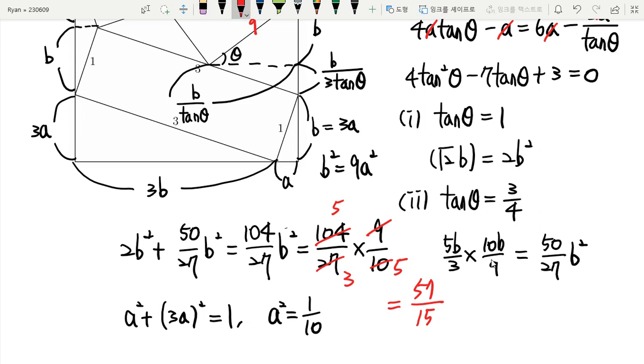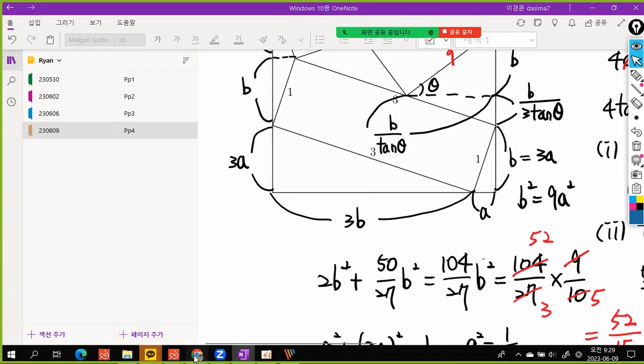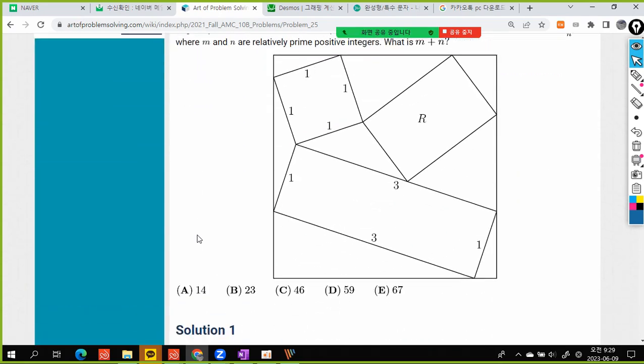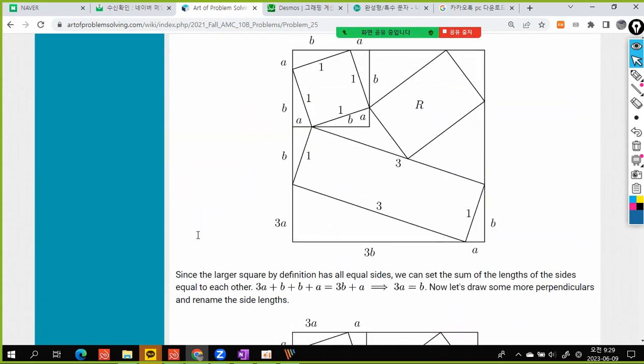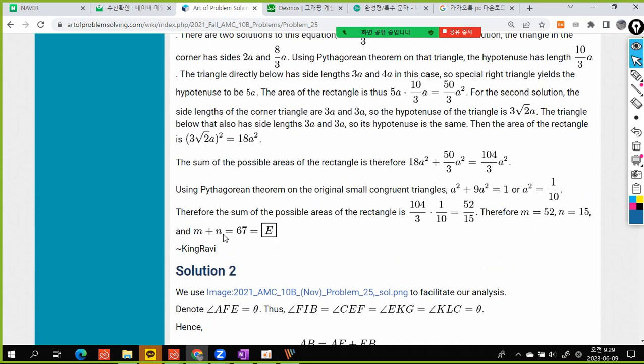When it's divided by 2, 52. Yeah, 67 is the answer. Yep, 67.